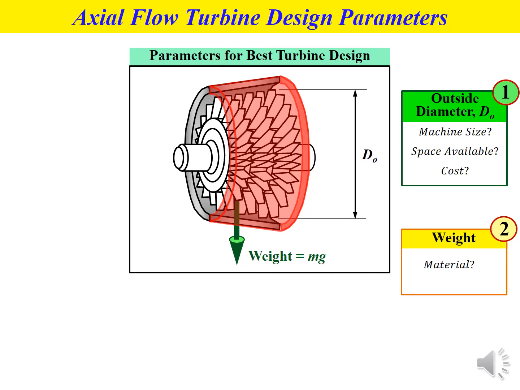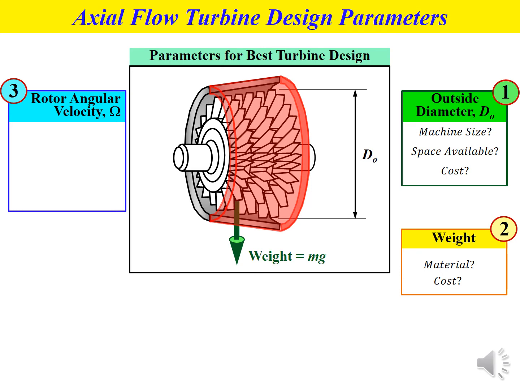So if you want a lighter turbine, we need to use a very light material so that we will have a lighter total weight of the turbine. And the material cost, the material price, also will determine the cost of the turbine.